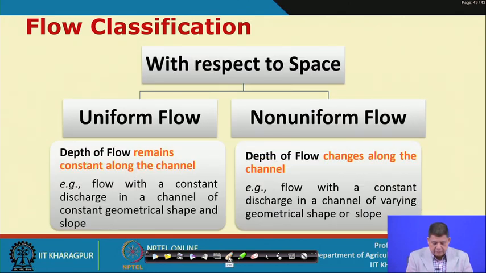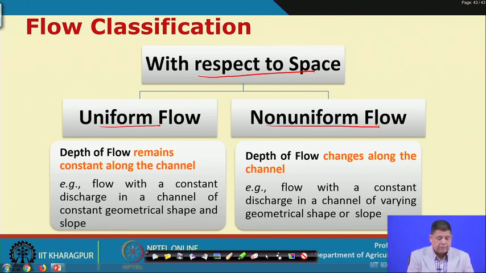Then flow could also be classified with respect to space, and if we do so, flow could be uniform flow or non-uniform flow. And if it is a uniform flow, then depth of flow remains constant along the channel. So, flow with a constant discharge in a channel of constant geometrical shape and slope is an example of uniform flow.